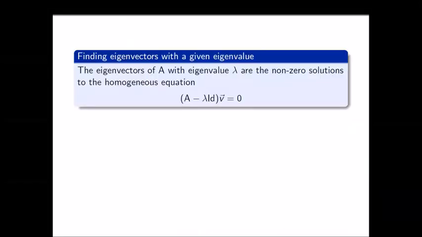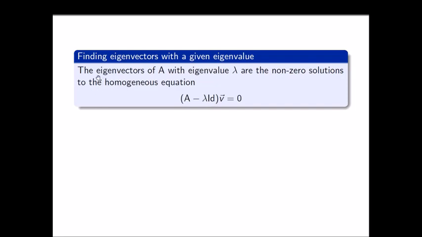To find eigenvectors, if we are given an eigenvalue, we use this condition, which is just the condition Av equal to lambda v rewritten. We've just taken lambda times v to the left-hand side and written lambda as lambda times identity.